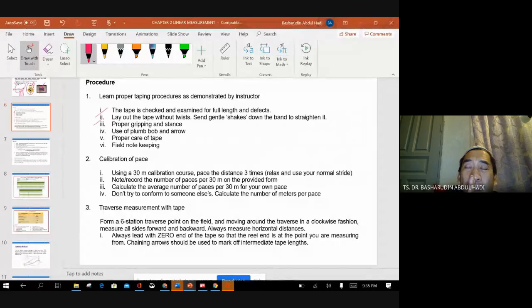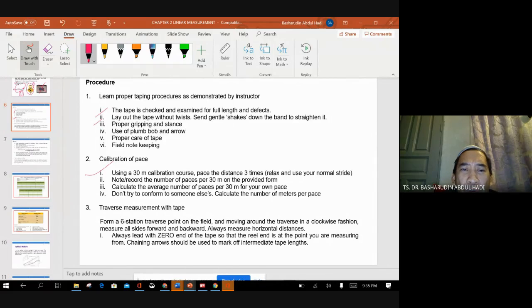Is it at the same marker or a different marker? But we believe the new one. The old one normally gives you wrong data because when we pull the tape, sometimes it will be expanded, it will be strained a bit. Okay, so that is number one about using the 30 meter calibration.